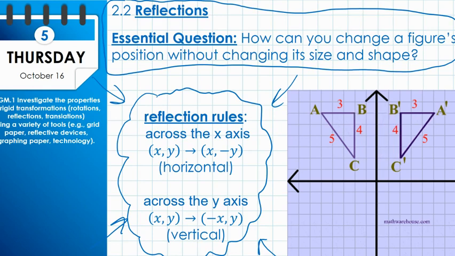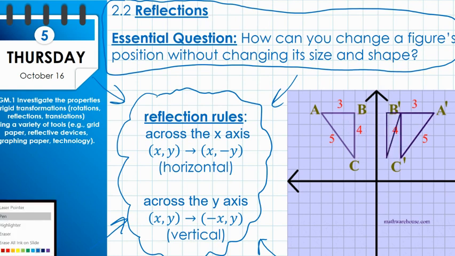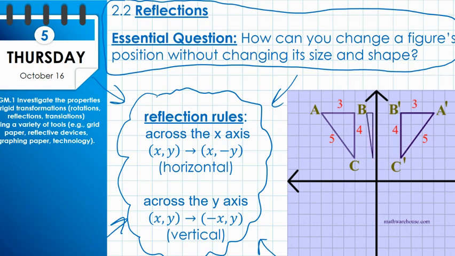This would be a vertical reflection because we're reflecting this image A, B, and C across the y-axis. And so remember, the y-axis is the axis that moves up and down. Y-axis.